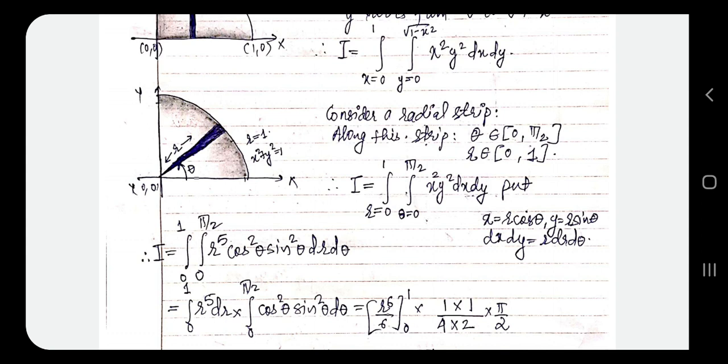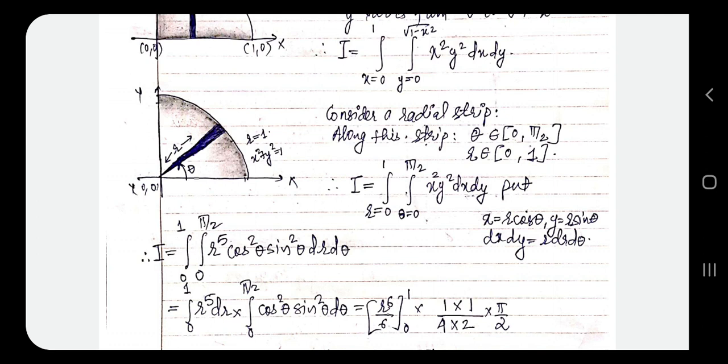I have taken a radial strip. Along this strip, theta will run over the first quadrant, that is from 0 to 90 degrees, and r can take values from 0 to 1. It cannot exceed that circle. That circle is of radius 1. I have to shade that complete region. So r is running from 0 to 1.